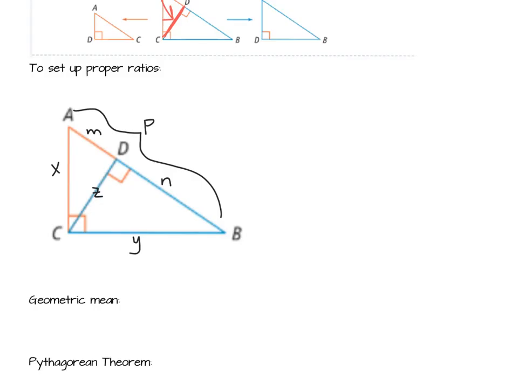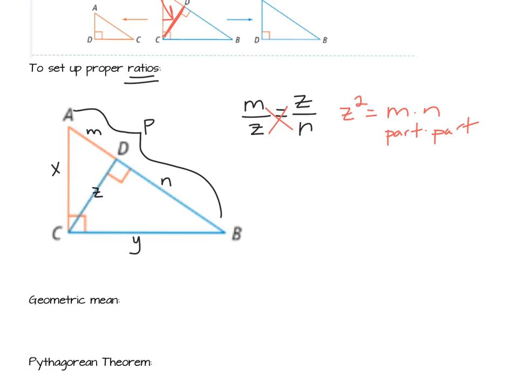I'm going to call that Z. It splits the big hypotenuse into two smaller sections, M and N. And this ratio is going to be true: M over Z is equal to Z over N. And if we cross multiply here, we get Z times Z, which is Z squared, equals M times N. So that inside segment squared is equal to the part on the hypotenuse times the other part. And that's one of three connections we're going to be able to make on this picture.